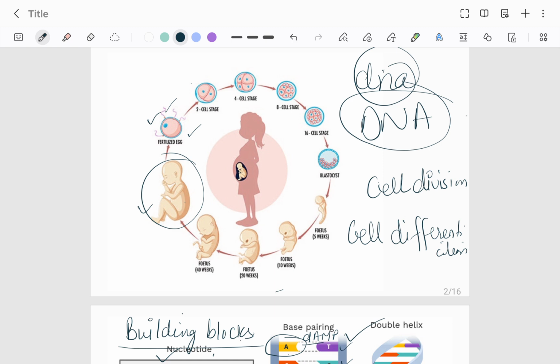If a liver cell divides, you will get that particular liver cell only. If the cells inside your eye lens divide, you will get the lens fibers only, those lens cells only. So there was differentiation during development, and that cell's identity was formed, and each cell has a different function.